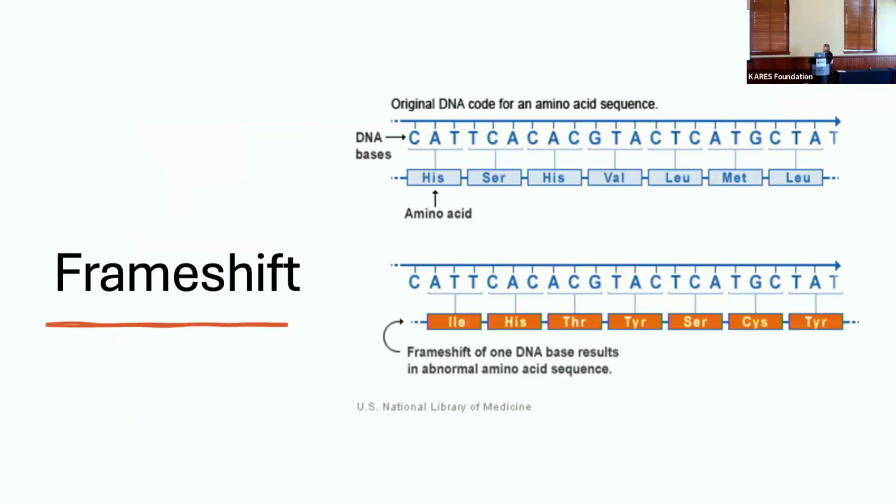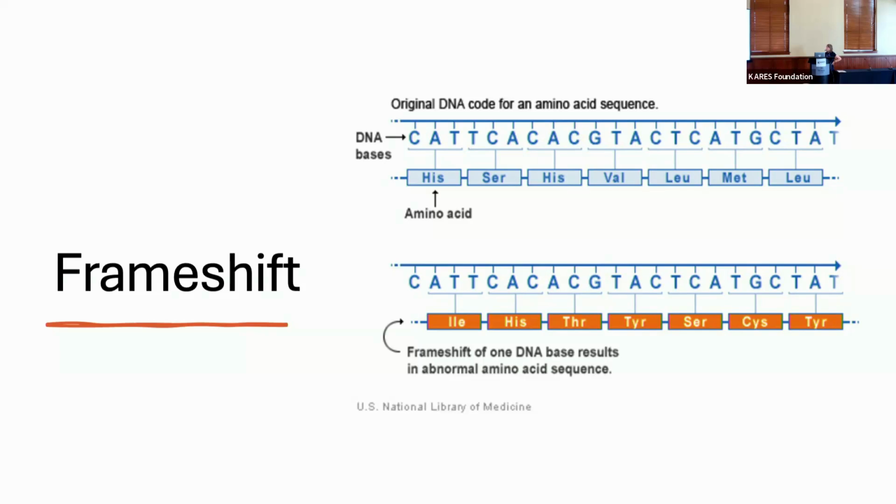And then talking about a frame shift, so that's a little more complicated. So when we have the DNA, it comes in like 3 DNA base pairs will specify 1 amino acid in the protein. So here we can see up here are the DNA base pairs, here's the amino acids, and this sequence of DNA here specifies these particular amino acids.